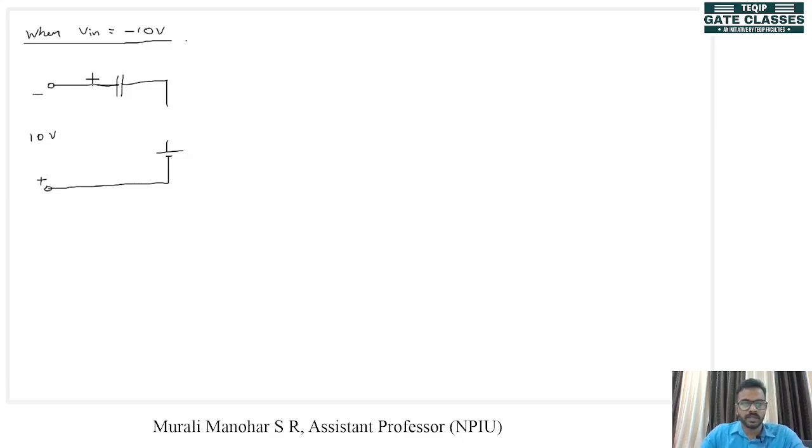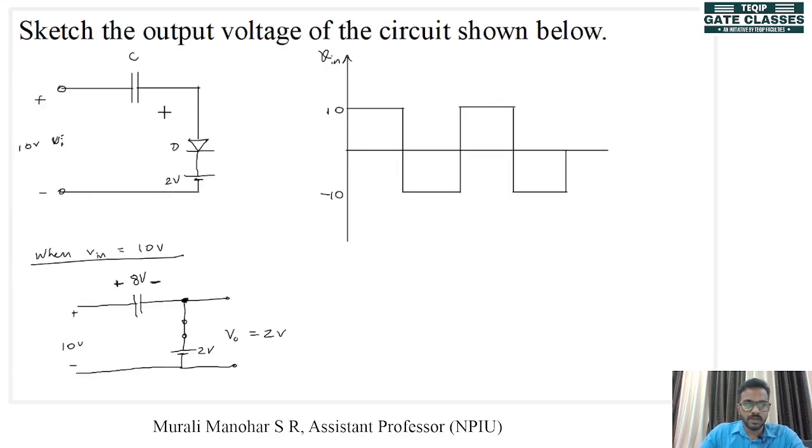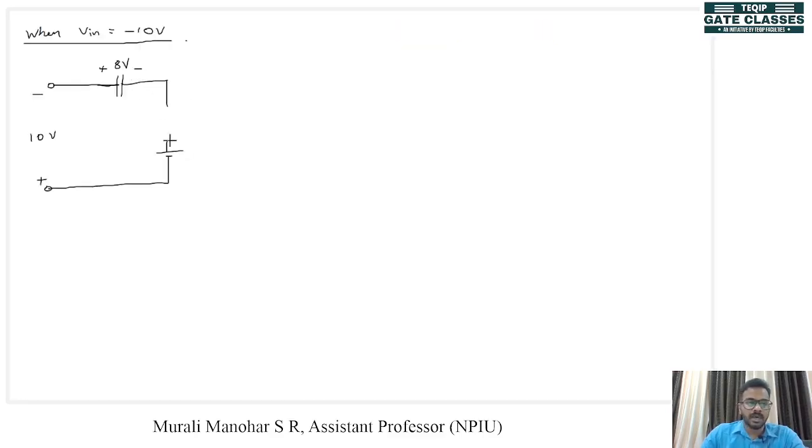Right? The capacitor is already charged to some voltage, plus 8 volt. Now if we look at the diode, we can see that the cathode of the diode is connected to a positive potential, 2 volt, and the anode is connected to a negative potential. That means our diode is now open circuited.